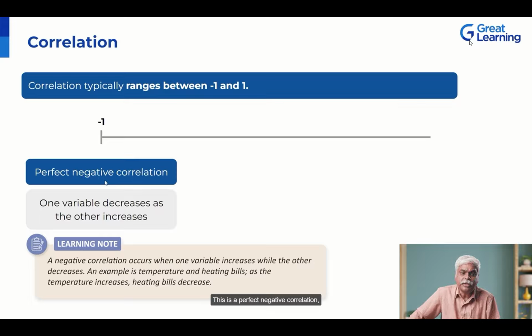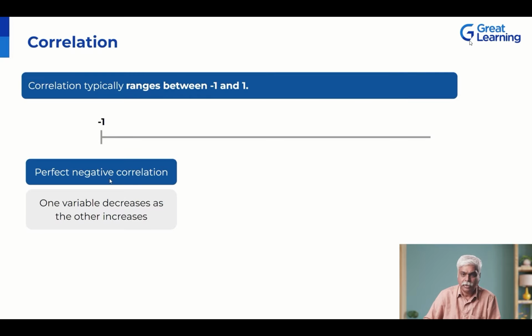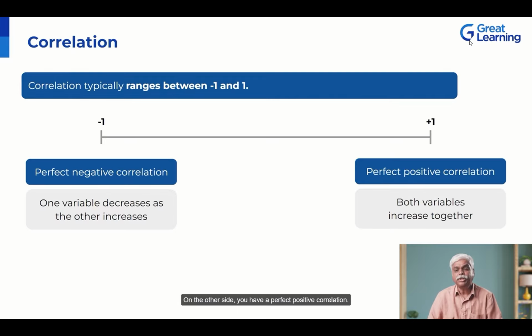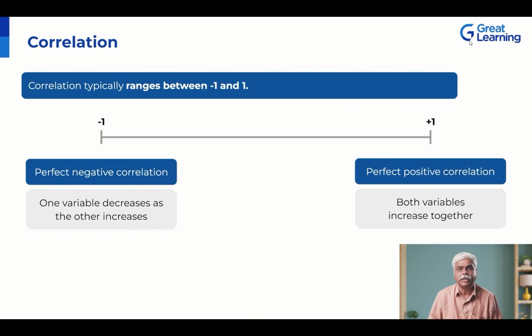This is a perfect negative correlation, a mathematically negative correlation. On the other side, you have a perfect positive correlation. If one increases, the other will increase. These two extremes are in fact not statistical. They are mathematical. They are deterministic. They are not random. One variable directly tells you whether the other will increase or decrease together.